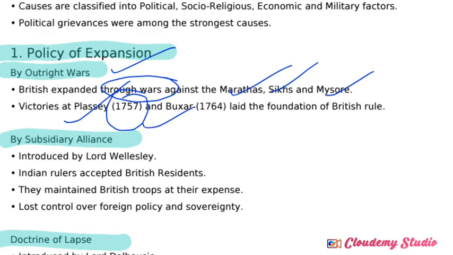The victory at the Battle of Plassey and the victory at the Battle of Buxar, these two battles, laid the foundation of British rule in India. That's one policy followed for the expansion of the British administration.